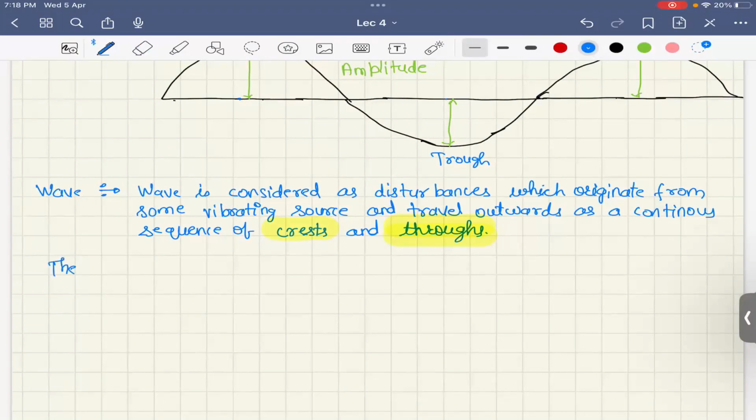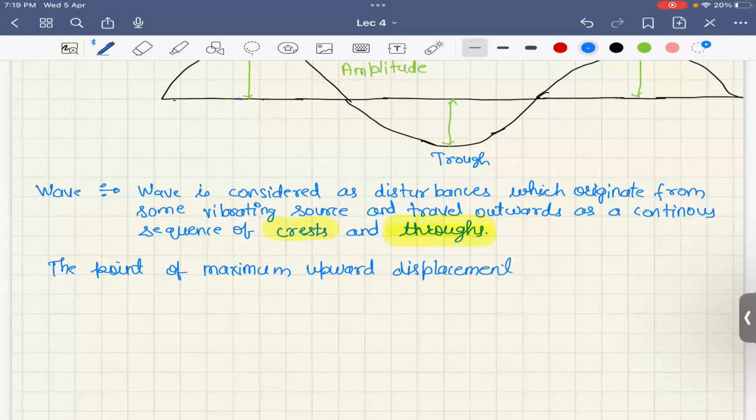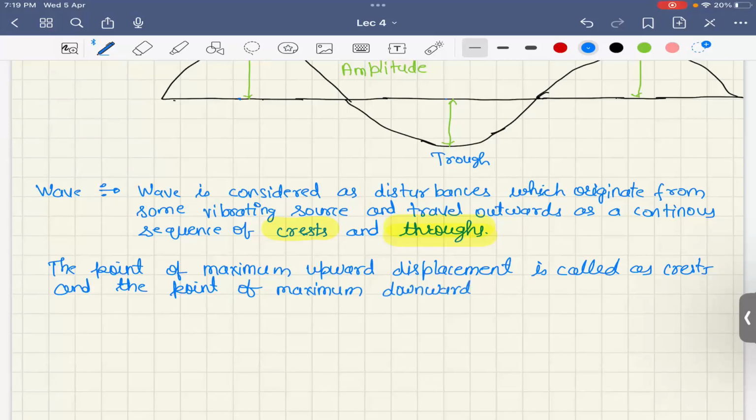The point of maximum upward displacement is called as crest, and the point of maximum downward displacement is called as trough.